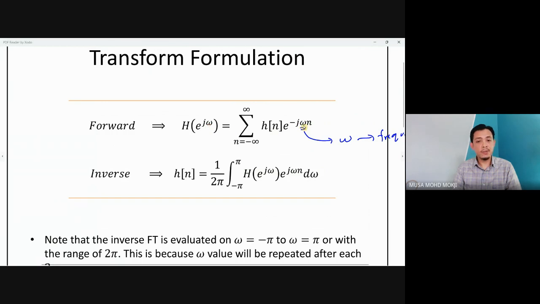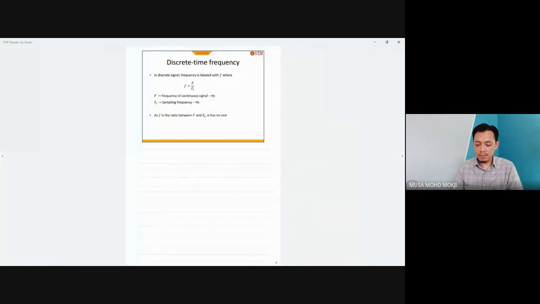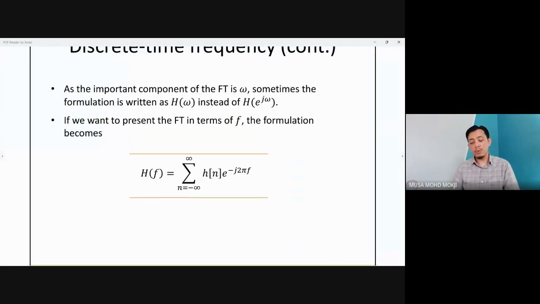You can change this into a small f. What is omega? Omega is 2 pi f. So you can just write that equation again. This is the same equation, it's just the way we write it. You can write H of f, then that omega is changed into 2 pi f.